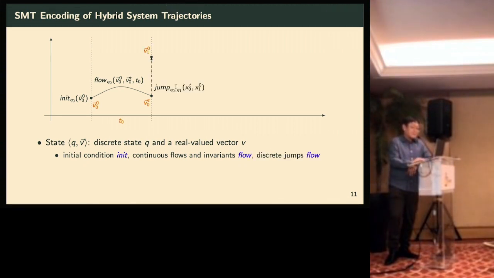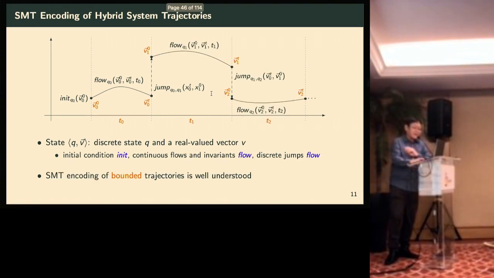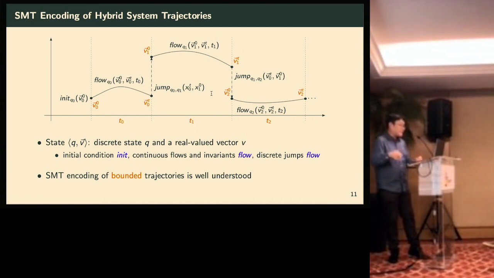Then you have typical discrete jumps from one state to another. By conjunction of initial, flow, and jump, we already describe or encode the behavior of a hybrid system in one step. Then by repeatedly doing that, we can easily encode the reachability problem or invariant problem of a hybrid system in SMT. That is somewhat easy and well understood.